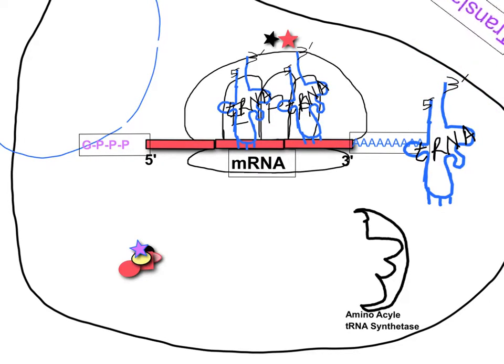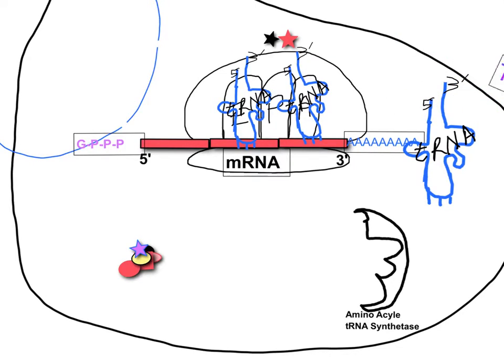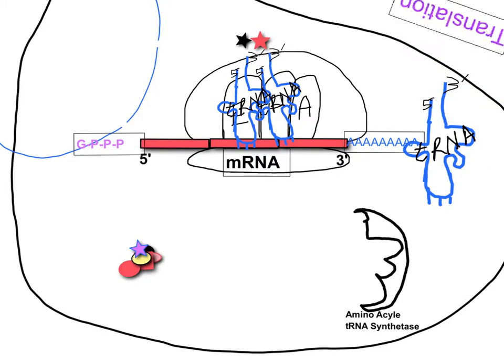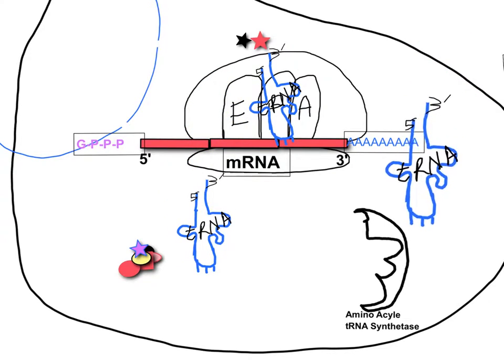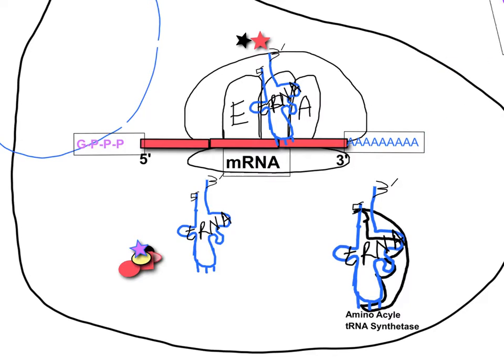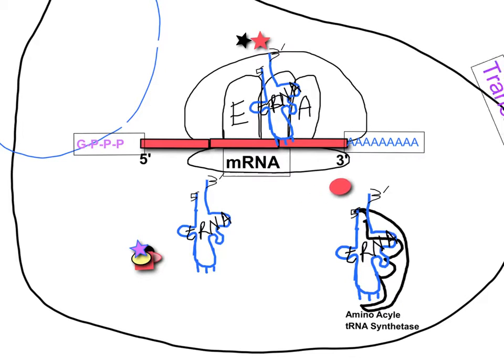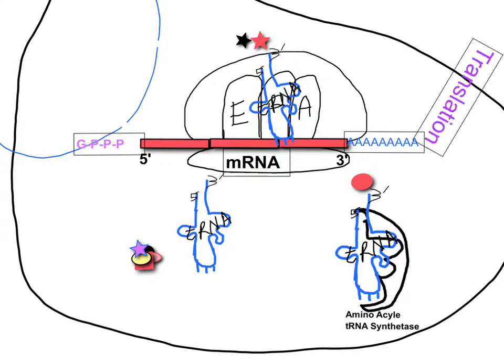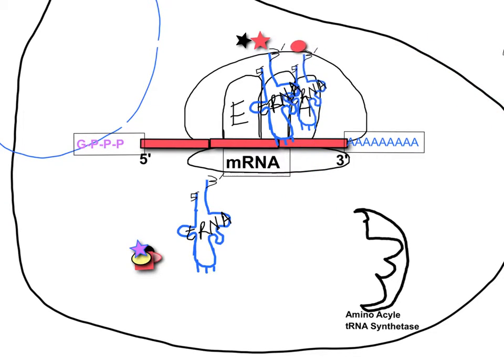And now again the messenger RNA will move further, taking this transfer RNA to the P site. When it reaches the P site, the E site transfer RNA will leave, and on the other side another transfer RNA will come, get another amino acid with the help of the enzyme, and be taken to the A site of the ribosome.